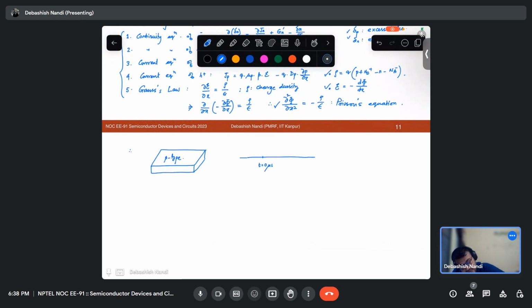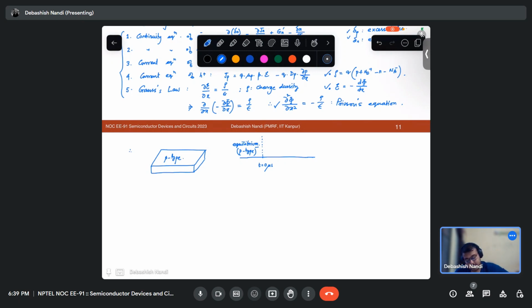Before that, we have equilibrium. Now, Srihari, tell me, at equilibrium, what will be the carrier concentration of p-type? Will holes be more than electrons? Yes, sir. Right? Holes will be more than electrons, but again, it will be in equilibrium. That means those excess carriers we are talking about are not due to the doping.